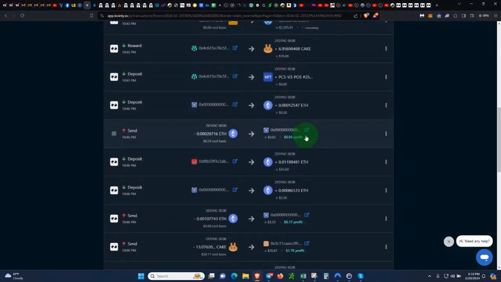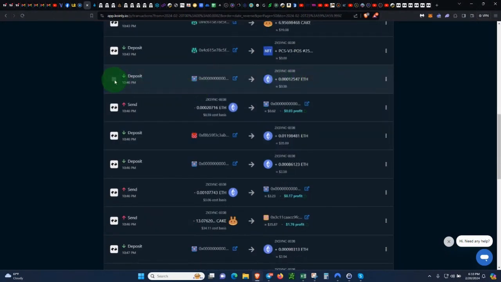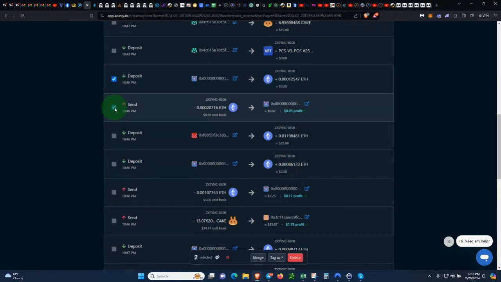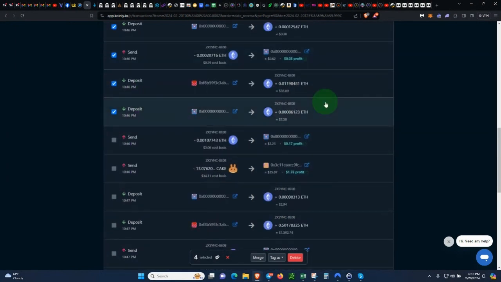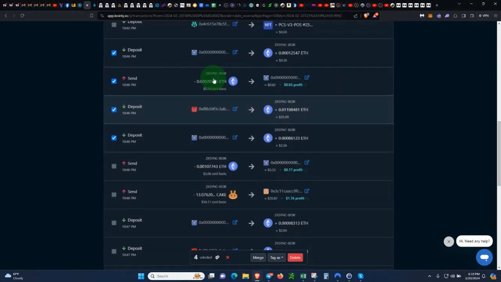Then what I did is I did a swap. I traded that cake for some more ETH. So ZK Sync, the network, does these fee refunds. But again, since it's all ETH being sent and received here, I'm just going to lump all of those together. There was a gas fee that left, and then it looks like there were a couple of fee refunds.